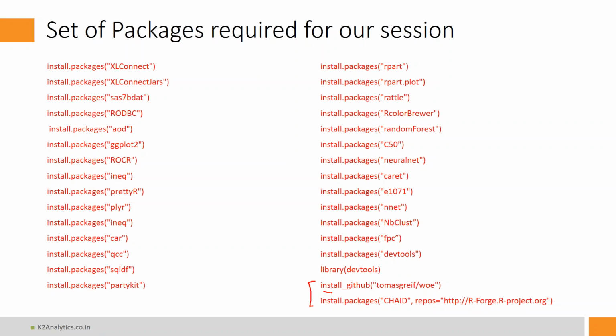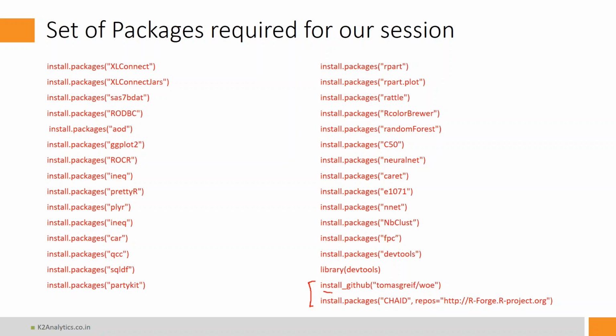Some of these utilities, those people would not have submitted to CRAN for releasing those packages for people at large. They would have created their own package and they are using it from GitHub. To download those packages, you require a package called DevTools.